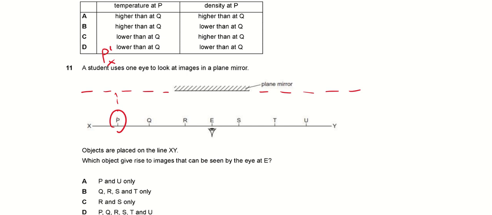Then, using the mirror that you have extended, locate the image of P. Locate the image of Q. Locate image of R. Basically, it will be all on this line. Now, you should be able to draw it very accurately using your ruler. For mine, you see that the gap is actually different. But this is just to show you a rough idea.